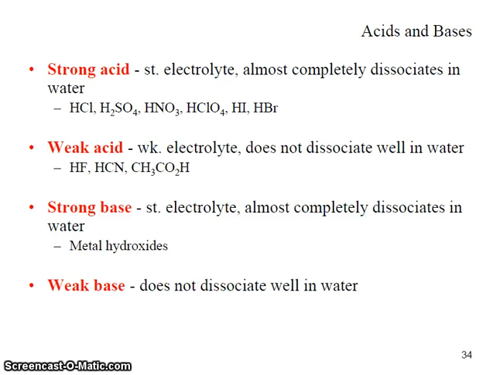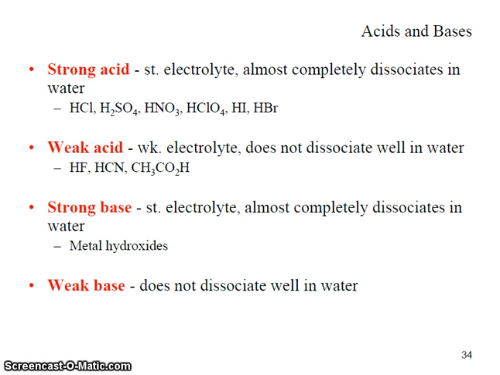And so good examples for these will be HCl, H2SO4, HNO3, HClO4, which is perchloric acid, HI, HBr, and the likes of those. Weak acids, on the other hand, do not dissociate well in water. Good examples will be hydrofluoric acid, hydrocyanic acid, acetic acid. Strong bases, on the other hand, will be something like metal hydroxides, like sodium hydroxide, NaOH, KOH, Ca(OH)2, and the likes of those.